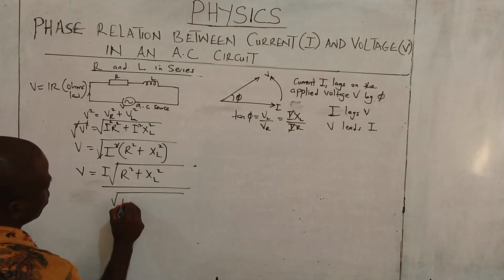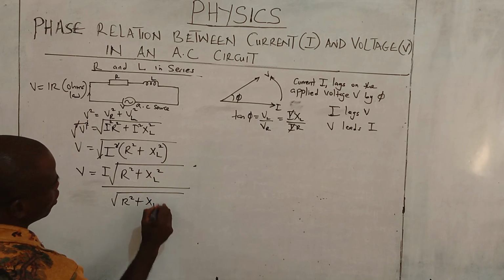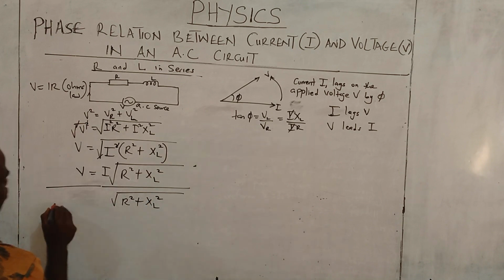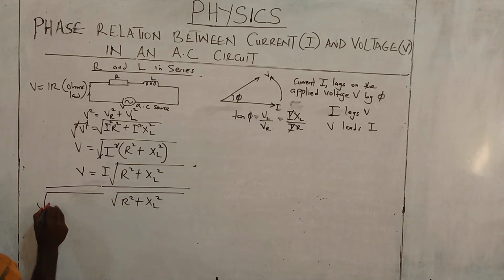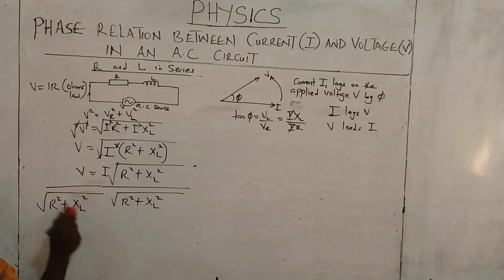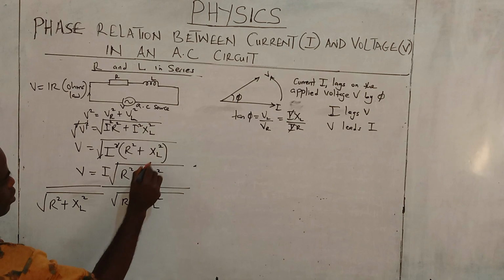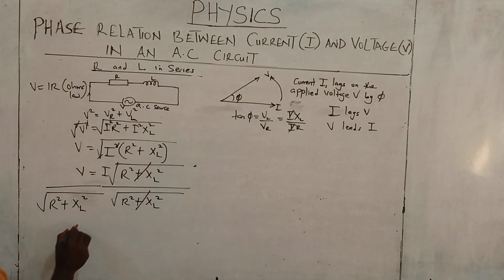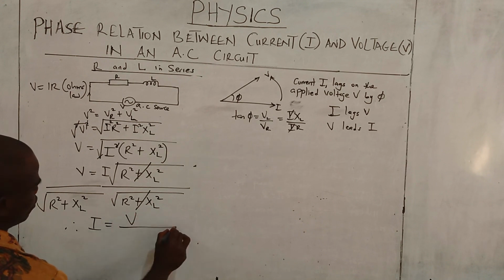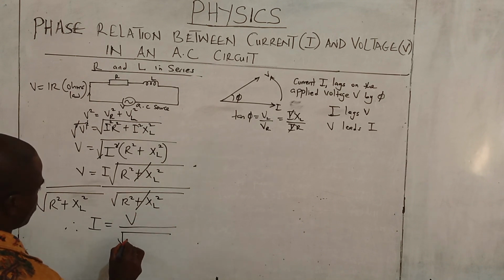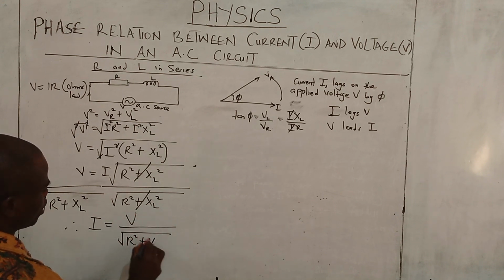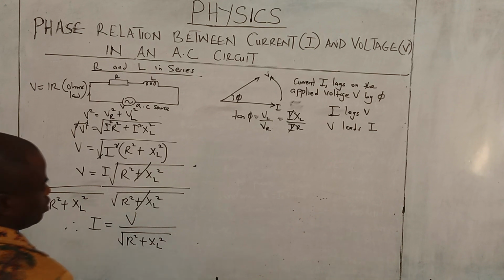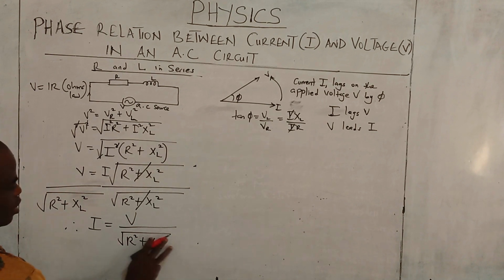Now I equals, dividing both sides by the square root of R squared plus XL squared, where XL is the inductive reactance. This cancels this. Therefore I equals V over the square root of R squared plus XL squared.